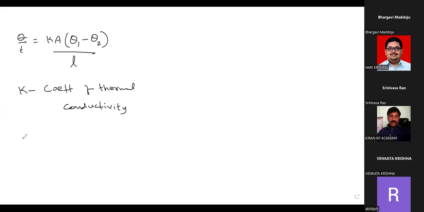Now we can write the expression of K like this: Q by t divided by... Here Q by t is the rate of heat flow.